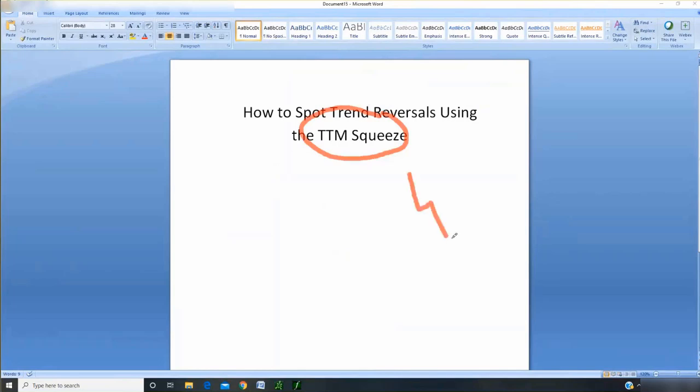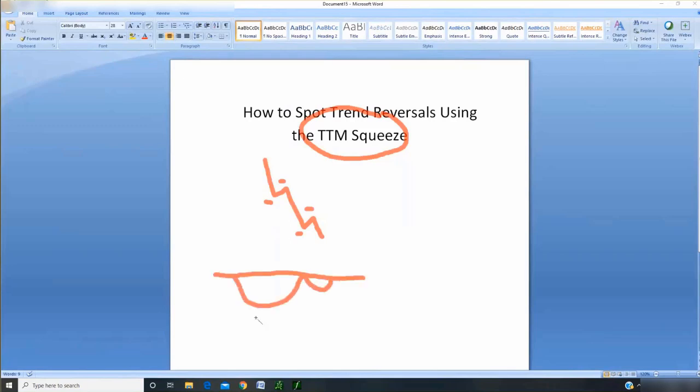A divergence is whenever the price, and again, this is my bad representation of price, but let's say price is in a downtrend. This is a low, this is a high, this is a low, this is a high. And then the indicator, let's just say the TTM squeeze indicator, is sloping to the upside, but the price is sloping to the downside.